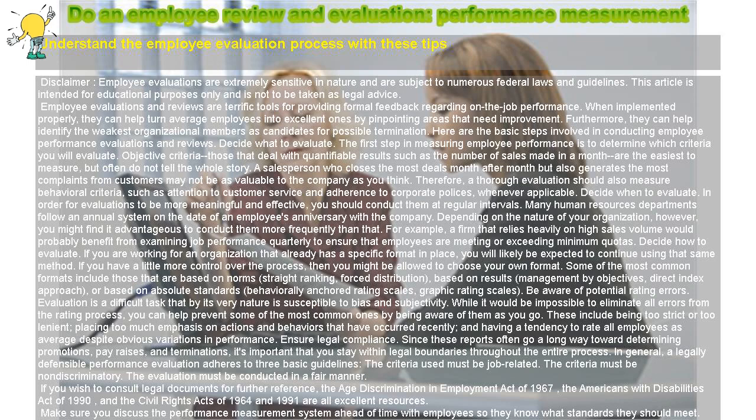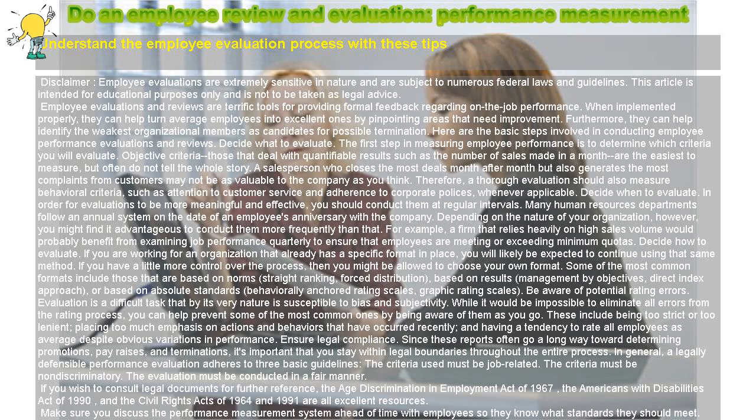If you wish to consult legal documents for further reference, the Age Discrimination in Employment Act of 1967, the Americans with Disabilities Act of 1990, and the Civil Rights Acts of 1964 and 1991 are all excellent resources.